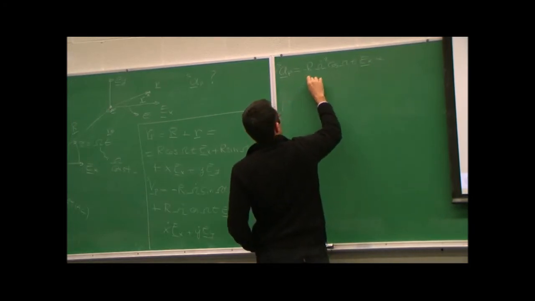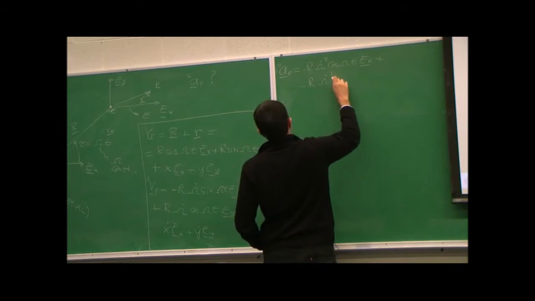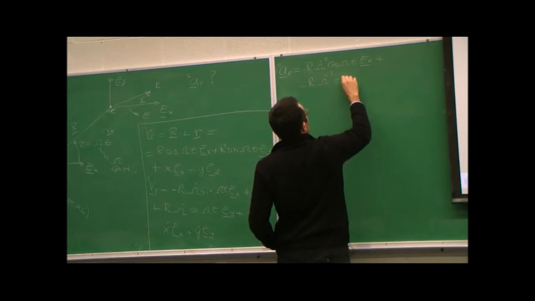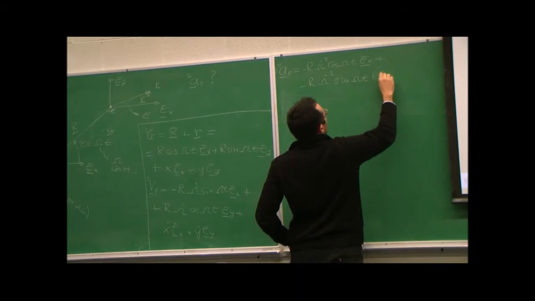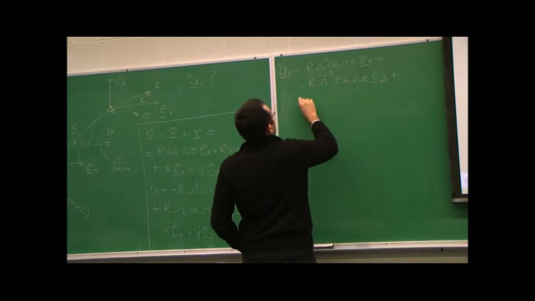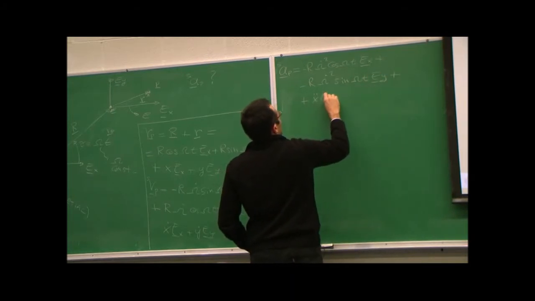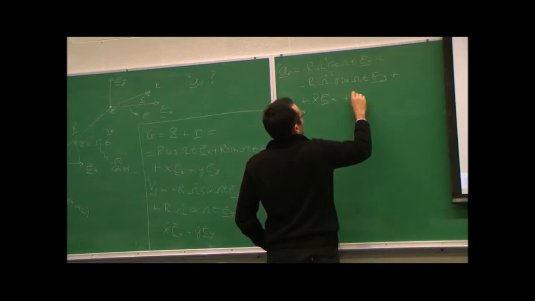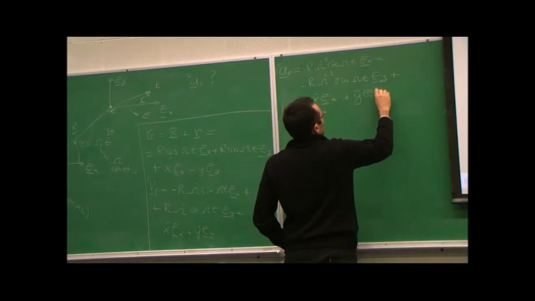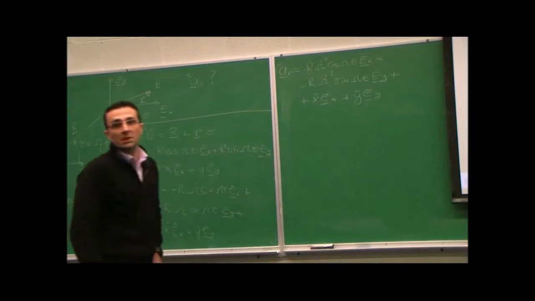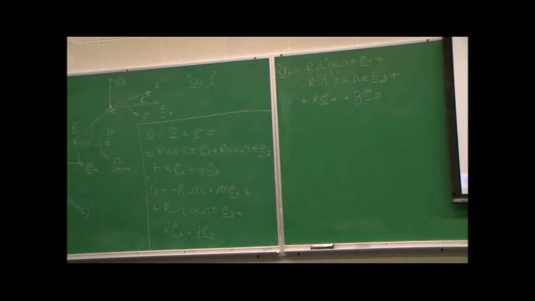Is there a minus now? Yes, minus r omega dot squared sine omega t EY plus x double dot EX plus y double dot EY. No big deal. Everything is expressed in the same basis. I don't have to do transport here. I don't have to do anything. And that basis is fixed with S.